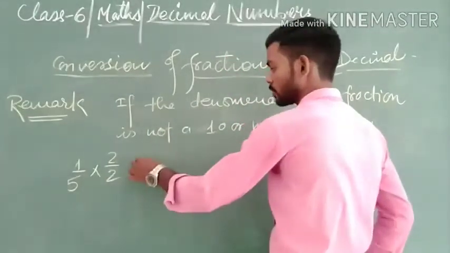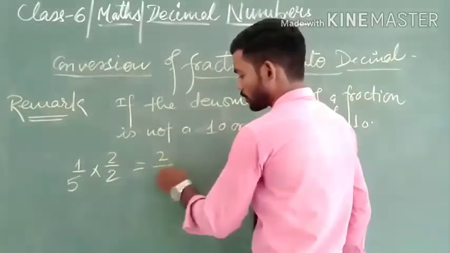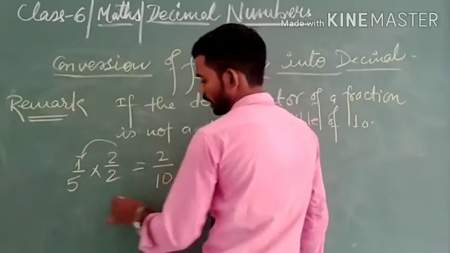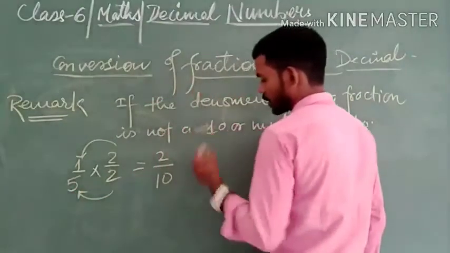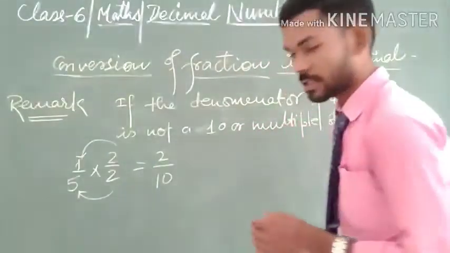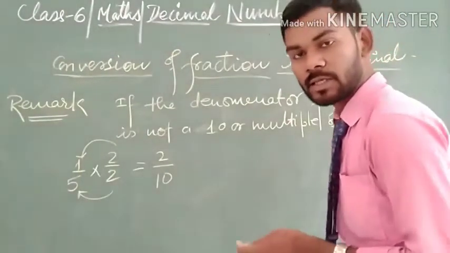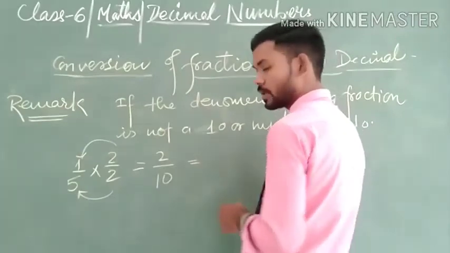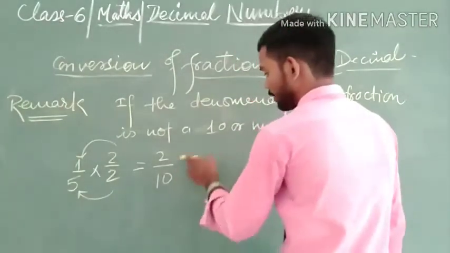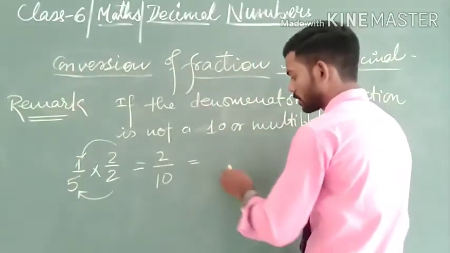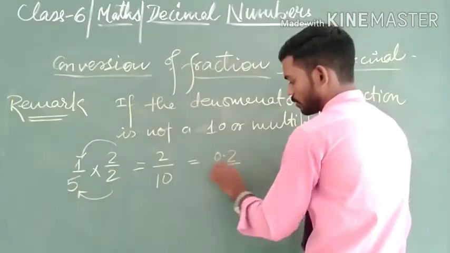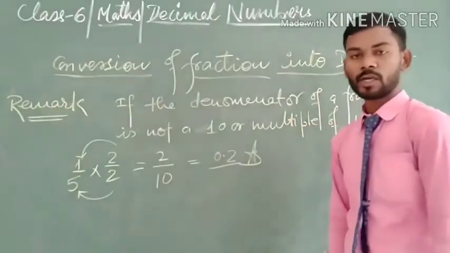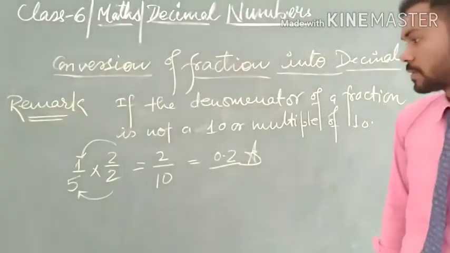So when we do this, we get 2/10, because 2 multiplied by 1 gives 2, and 2 multiplied by 5 gives 10. So here we get a decimal fraction, and we can convert it into the decimal number. So when we convert it, we get 0.2, and this is our required value. Okay, so I hope it is clear.